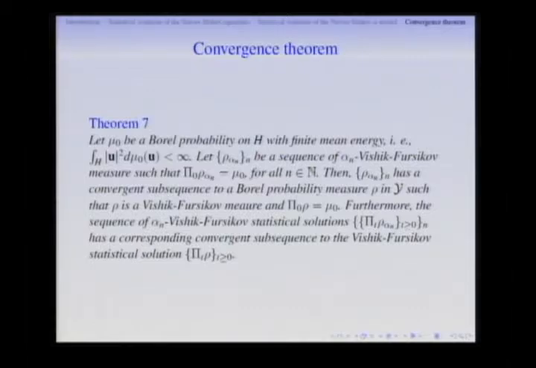So this is the result. Let μ0 be a Borel probability measure with finite mean energy, which means that this integral is finite. And consider a sequence of alpha Vishik-Fursikov measures such that the projection of each element at time t equals 0 is this initial measure, for all n.